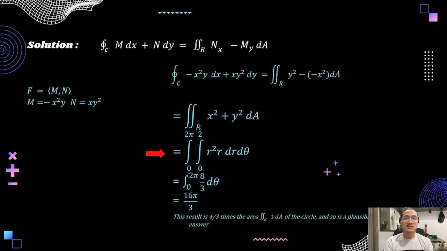After doing the first integral, we get 8 over 3 d theta. Then we do the second integral and we get 16 pi over 3. This result is 4 over 3 times the area, the double integral of 1 dA, of the circle, and so it is a plausible answer. Thank you.